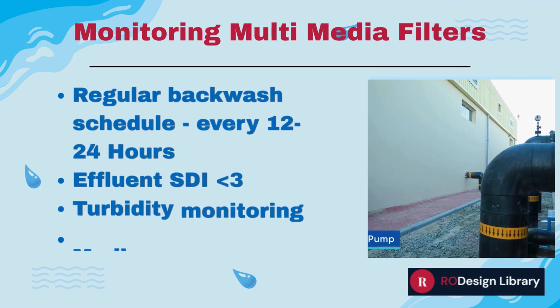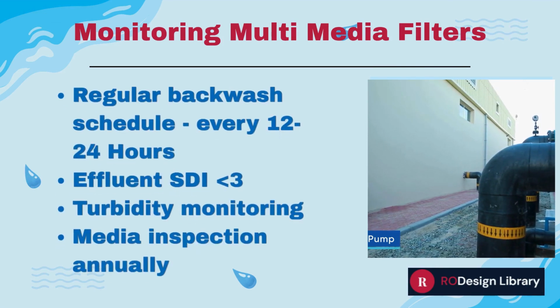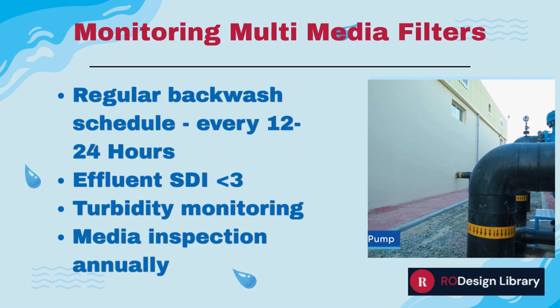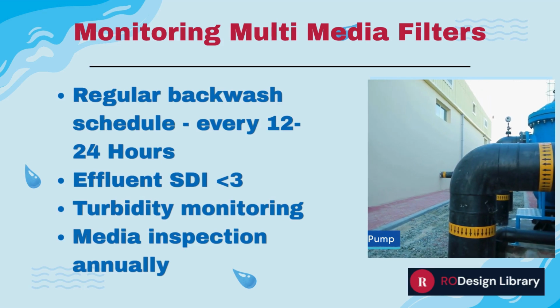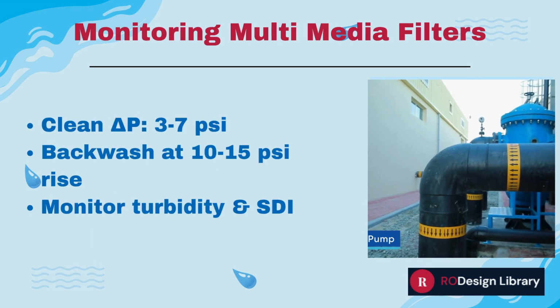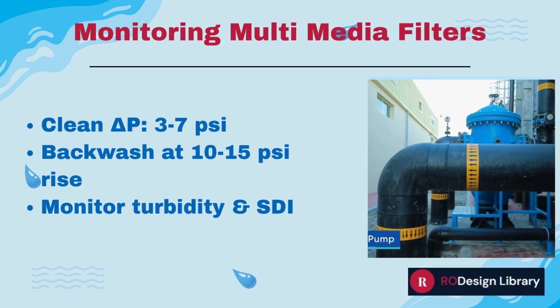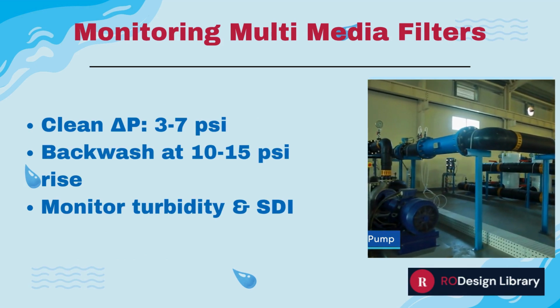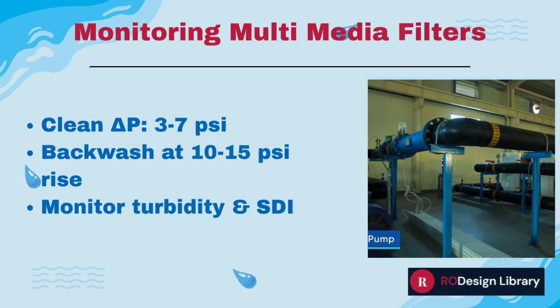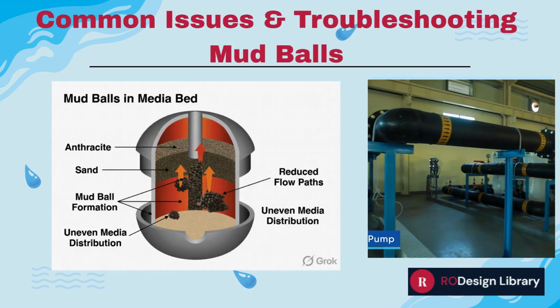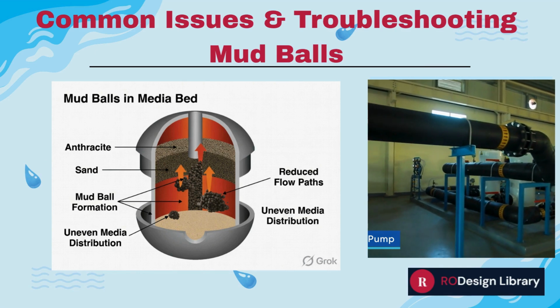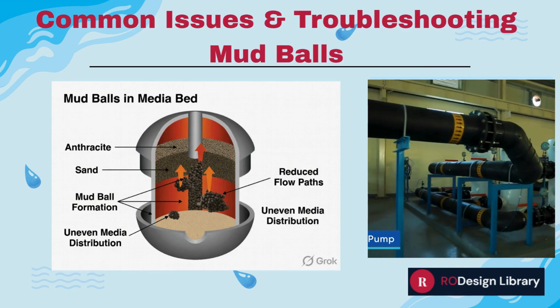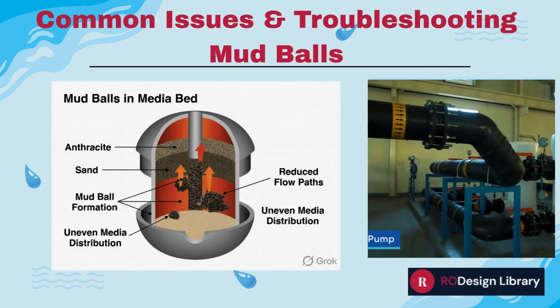To ensure performance, follow scheduled backwashes, monitor key parameters, and inspect media regularly. Monitor differential pressure. Initiate backwash when it rises 10 to 15 psi above clean condition. Mud balls form when suspended solids, organic matter, or biological growth accumulate due to inadequate backwashing.